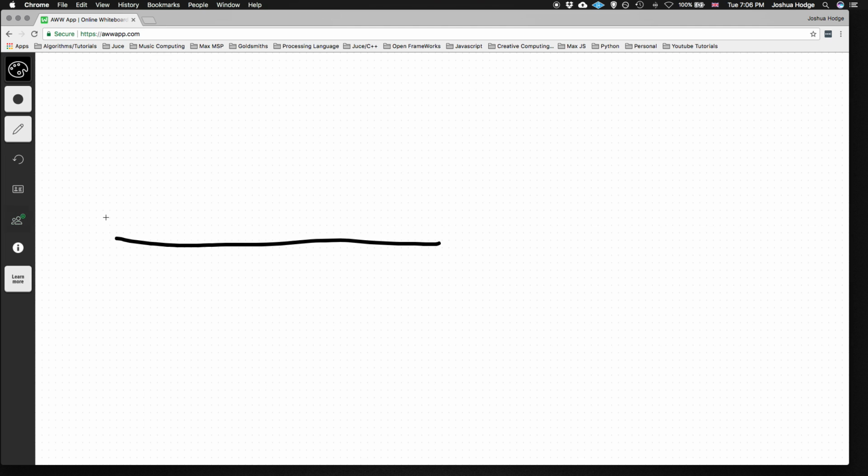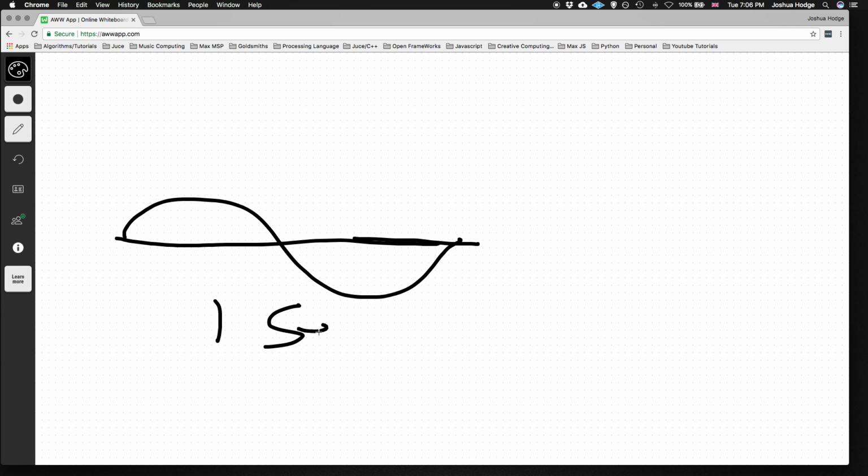Okay, so we have a wave. Let's just say this is my voice. Let's just say this is 1 second. So we've talked about what happens on the x-axis. 44,100 times a second, every second, it's taking values, and then it's basically drawing a connection between those values, and that's how we're getting the wave.